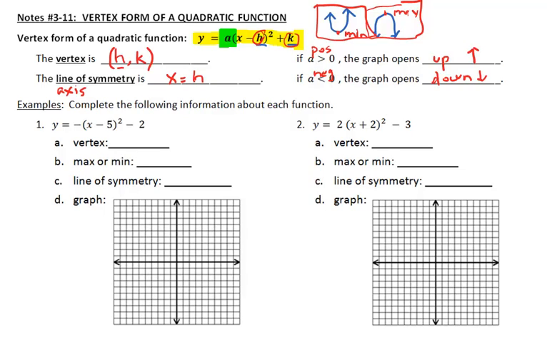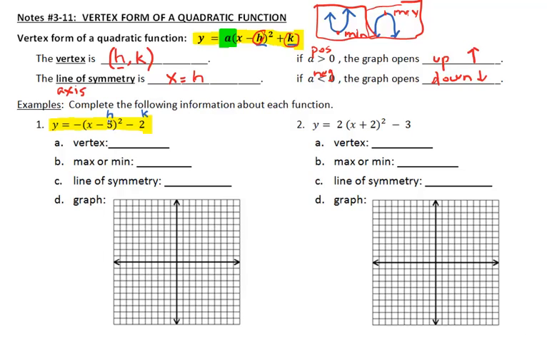Let's look at the first example in our notes. It says to complete the following information about each function. Our first function is y equals negative x minus 5 squared minus 2. The first thing let's talk about is the vertex. The vertex, remember, is (h, k). The h is where the 5 is, and the k is where the 2 is, which is actually negative 2.